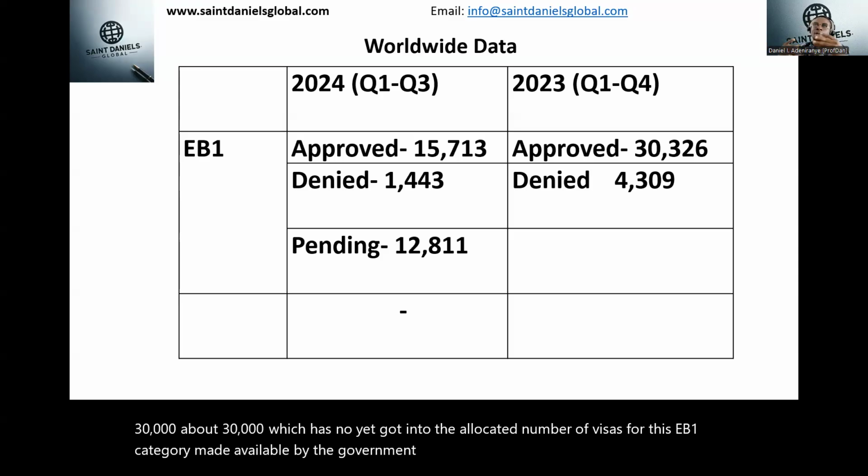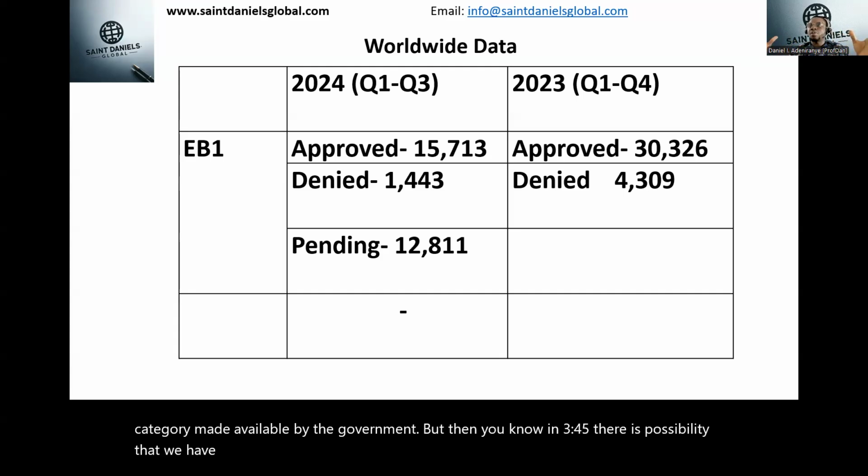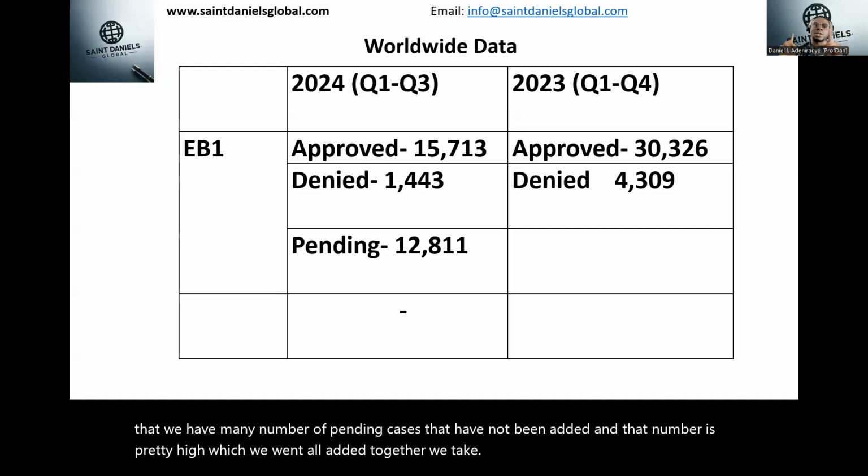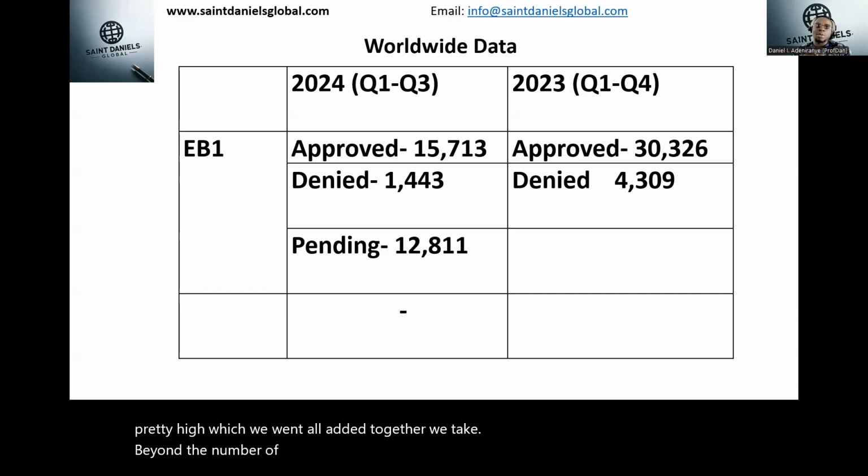But then, in Q4, there is a possibility that we have many pending cases that have not been added. And that number is pretty high, which when all added together, will take us beyond the number of allocated visas for this EB1 category.